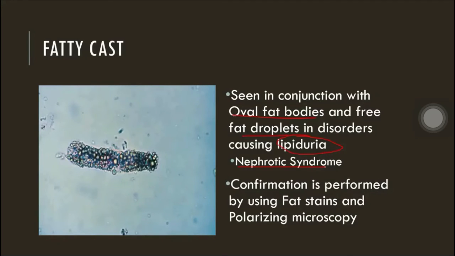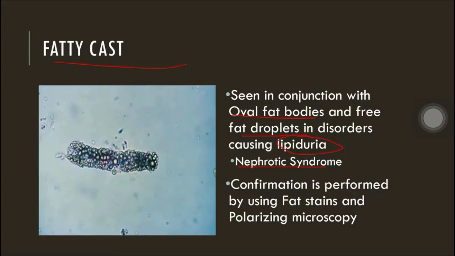Okay, increased lipid in the circulation, thereby producing large amounts of lipids then in the urine. So again, for nephrotic syndrome, ano yung mga dapat nating tandaan? May presence ng fatty cast, oval fat bodies, okay, as well as markedly proteinuria.